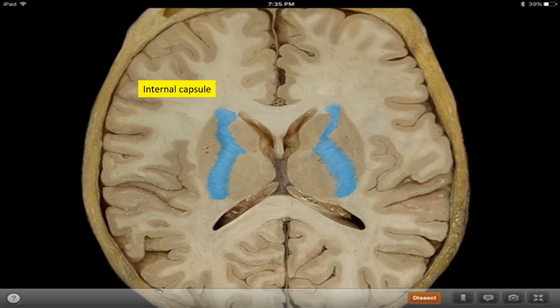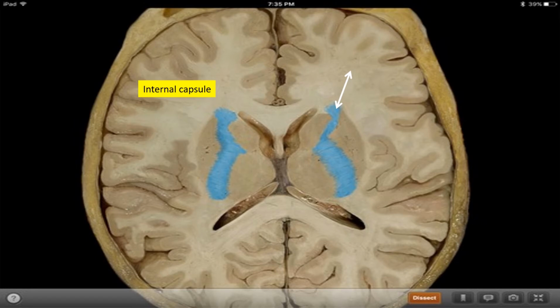At the same time, motor fibers coming down from the cerebral hemispheres, going down as motor to muscles and other structures, also pass through this narrow space called the internal capsule.